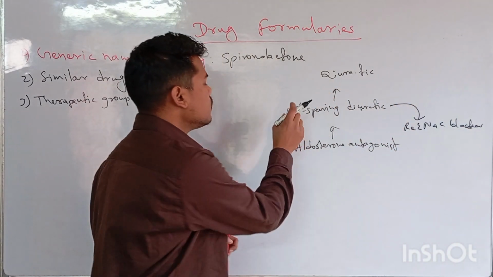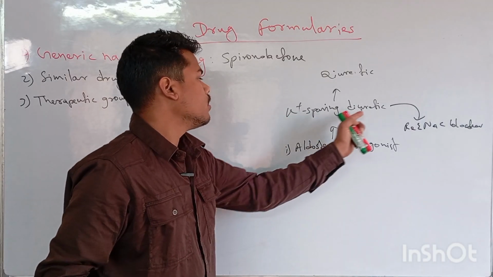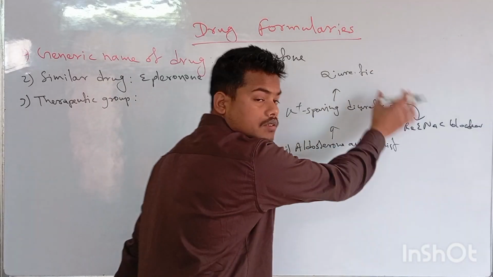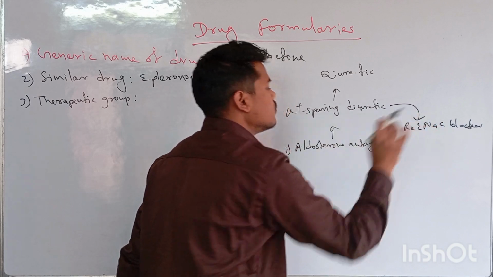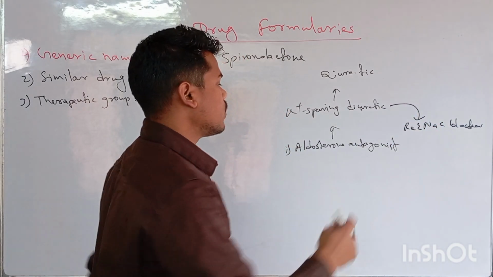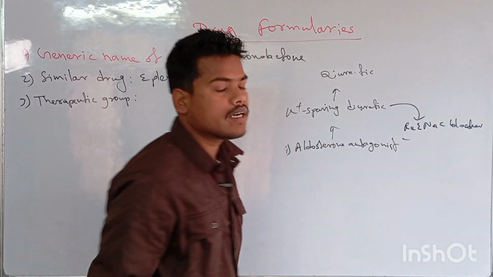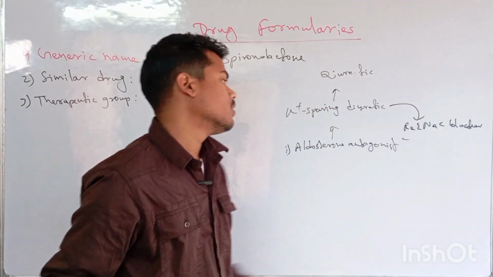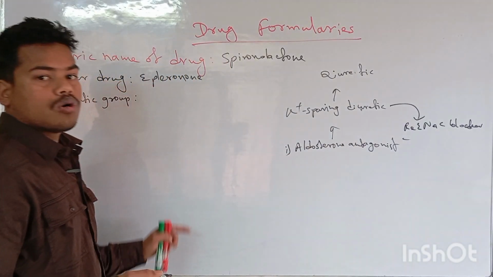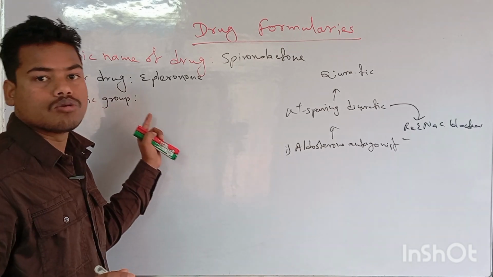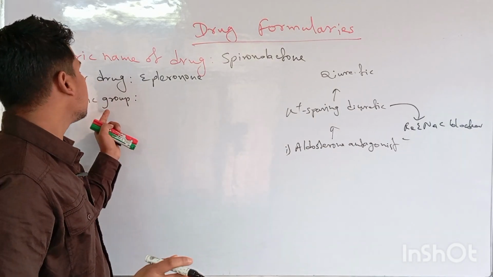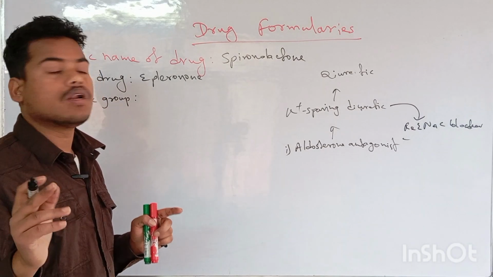If you write only K plus sparing diuretic, this may signify these drugs also, like amiloride and triamterene. So the closest hierarchy should be written in the therapeutic group, but here you can be a bit liberal.